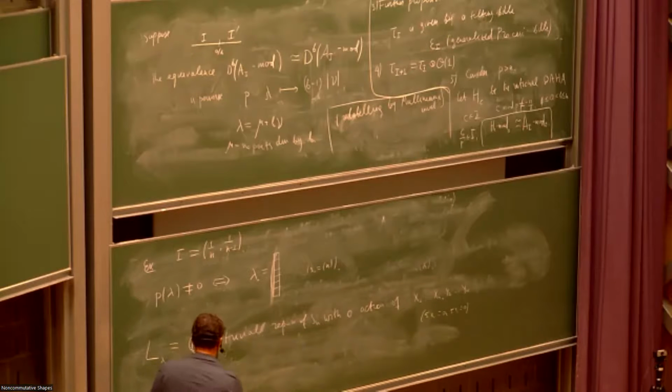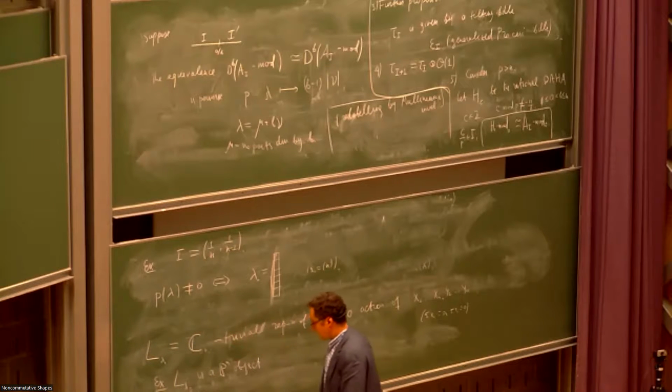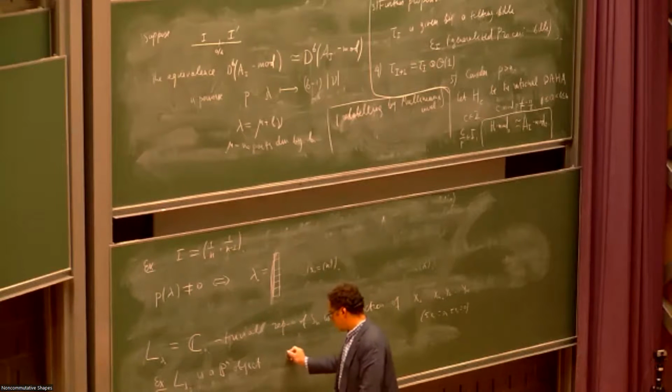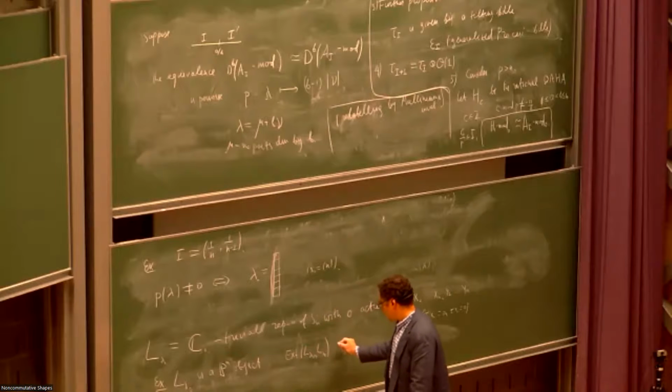Okay, so a little exercise that I think everyone can enjoy is that this L lambda 0 is a Pn object. In other words, Ext from L lambda 0 to L lambda 0 is equal to the cohomology of Pn.